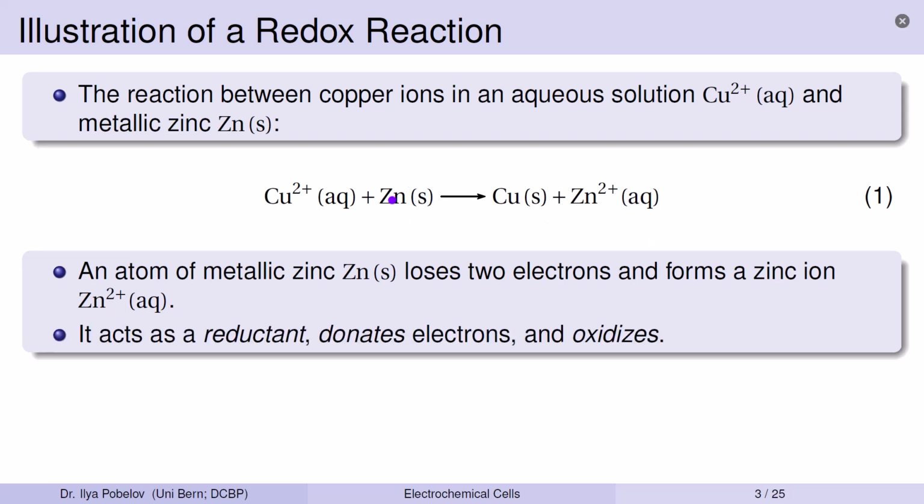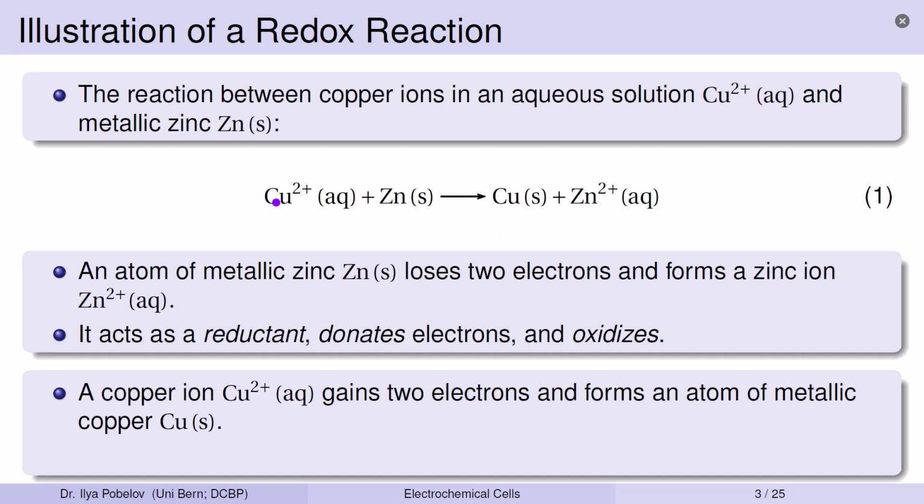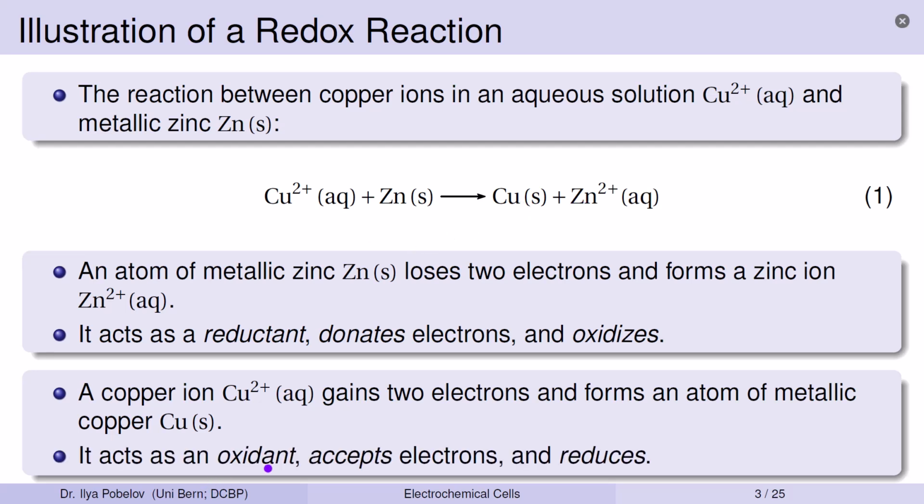It acts as a reductant, donates electrons, and oxidizes. A copper ion gains 2 electrons and forms an atom of metallic copper. It acts as an oxidant, accepts electrons, and reduces.